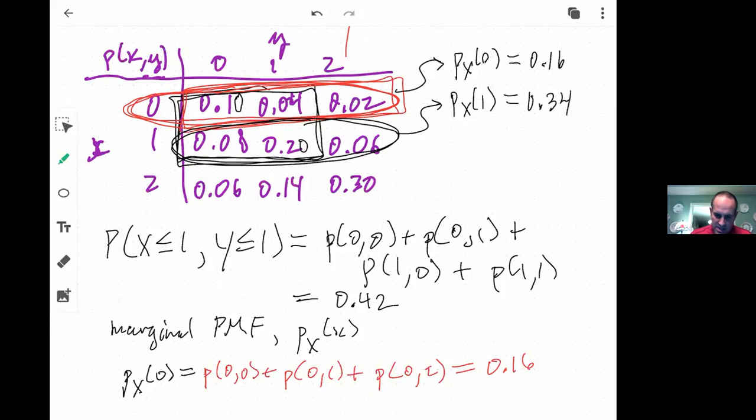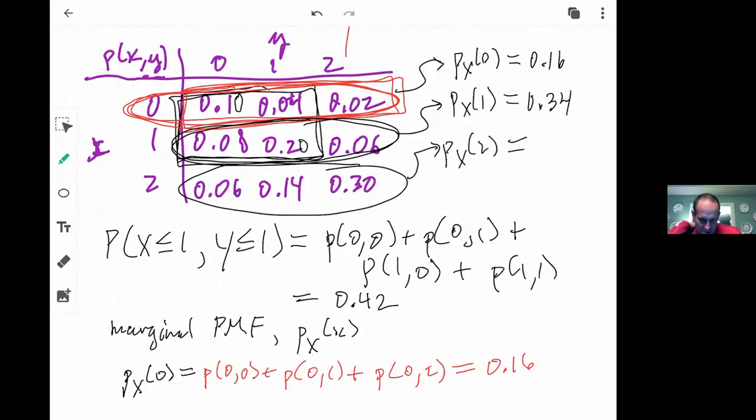And then finally, P sub x of 2. This will complete our exploration of the marginal PMF. If you look at the first two, you kind of know what this has to be. P sub x of 0 and P sub x of 1 add up to give you 50%. Therefore, this thing would have to be 0.5.